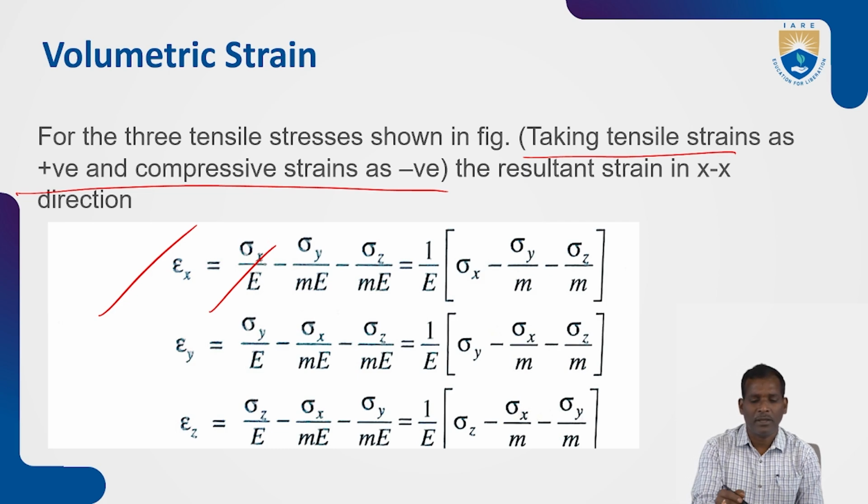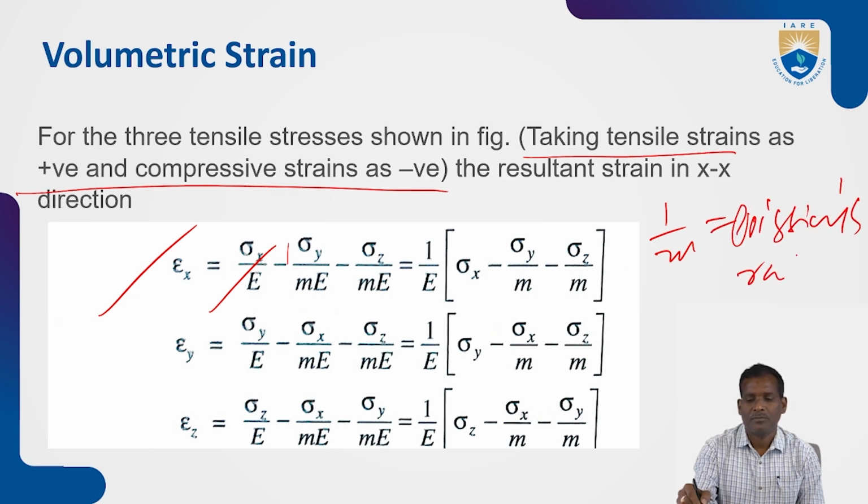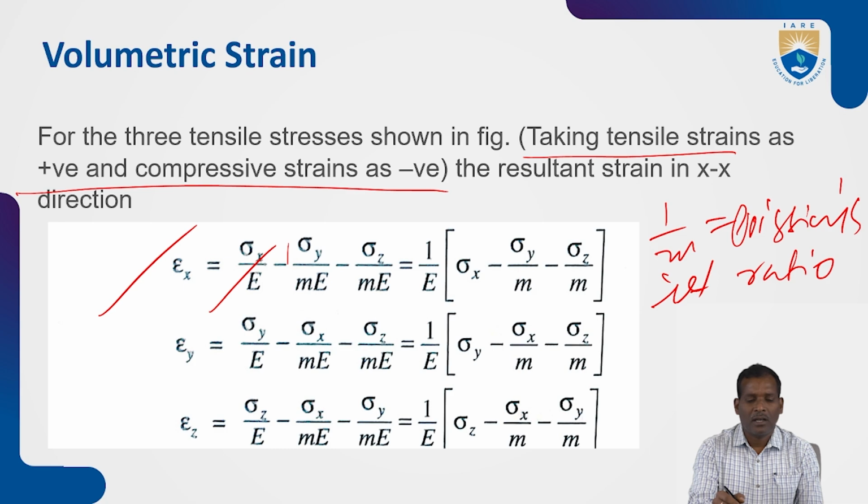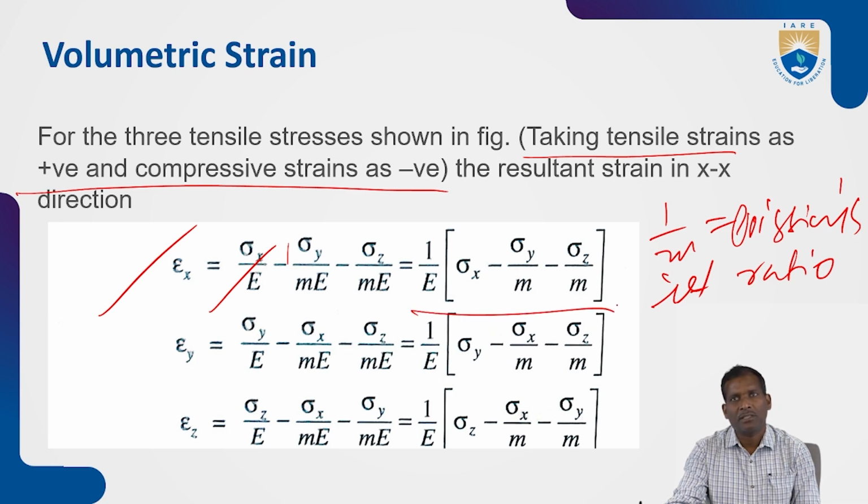So here 1 by m is the Poisson's ratio. You can write it with the letter mu. So take 1 by E common and you will get sigma x minus sigma y by m minus sigma z by m.